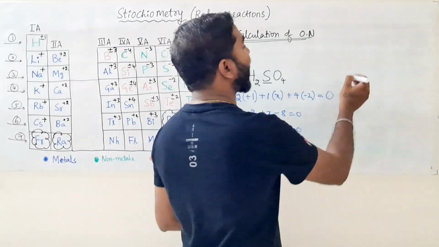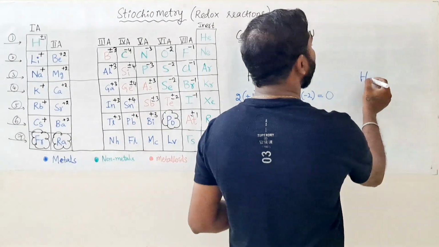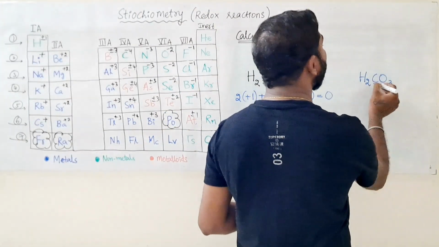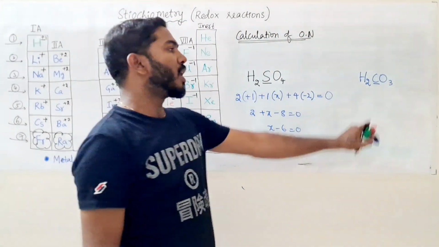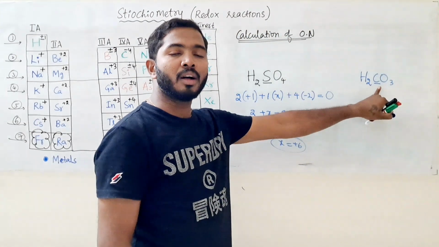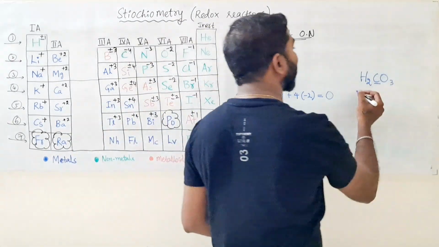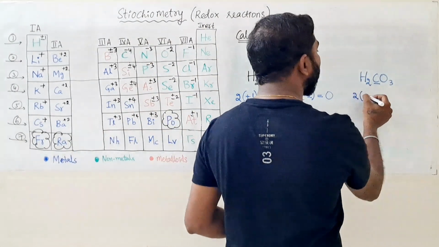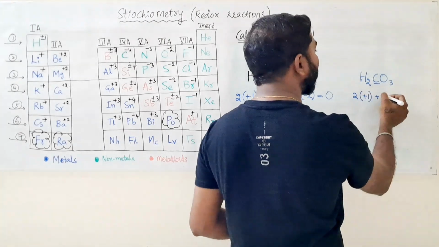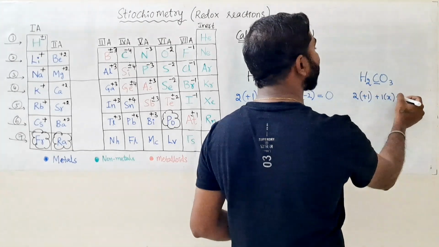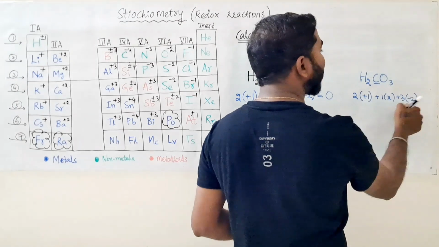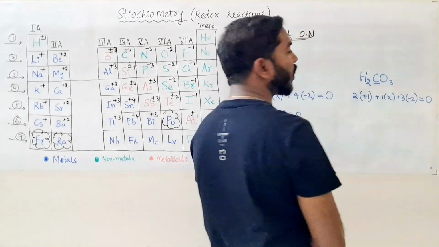Okay, let me take another example here, that is H2CO3, carbonic acid. I have underlined the element whose oxidation number we need to calculate. So let us calculate this. We have 2 hydrogens, for each hydrogen +1, and then we have 1 carbon, and then we have 3 oxygens, for each oxygen -2, is equal to 0.